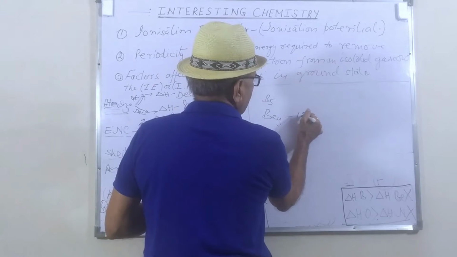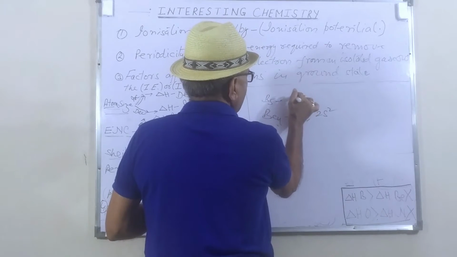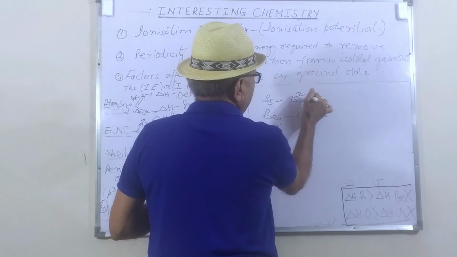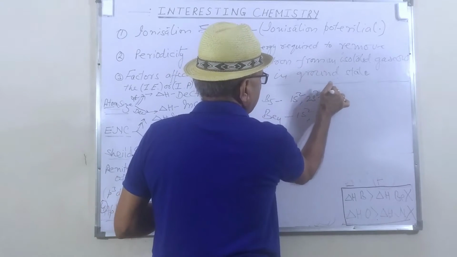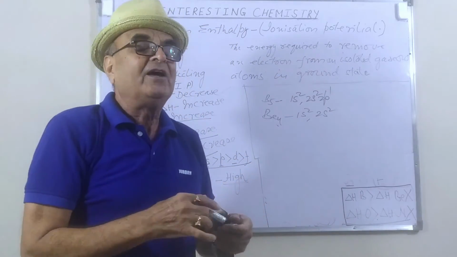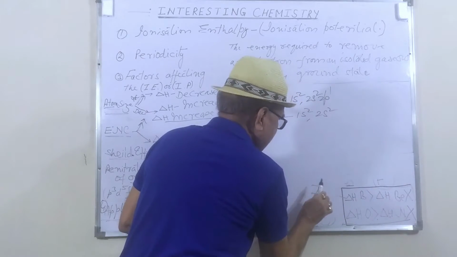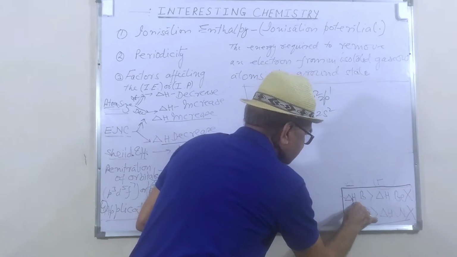You will write here 1s2, 2s2 for beryllium. Boron is 1s2, 2s2, 2p1. So I am telling you only about the first delta H.